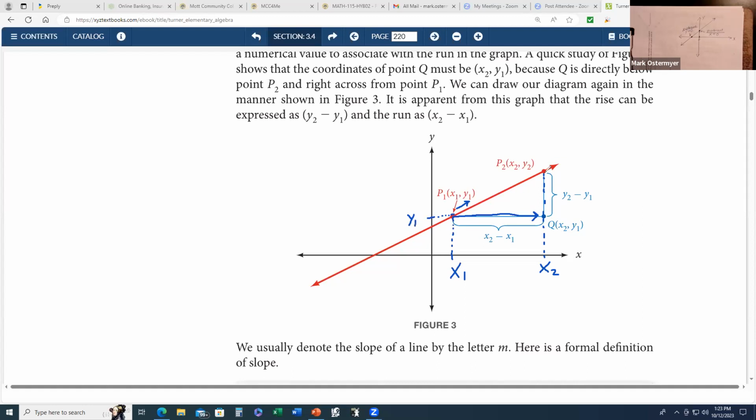If I project point P sub 2 horizontally back to the y-axis, I strike tick mark y sub 2. The amount of vertical change that I experience in moving from point P sub 1 up to P sub 2 along this red line is the difference between the y coordinates, y sub 2 minus y sub 1.